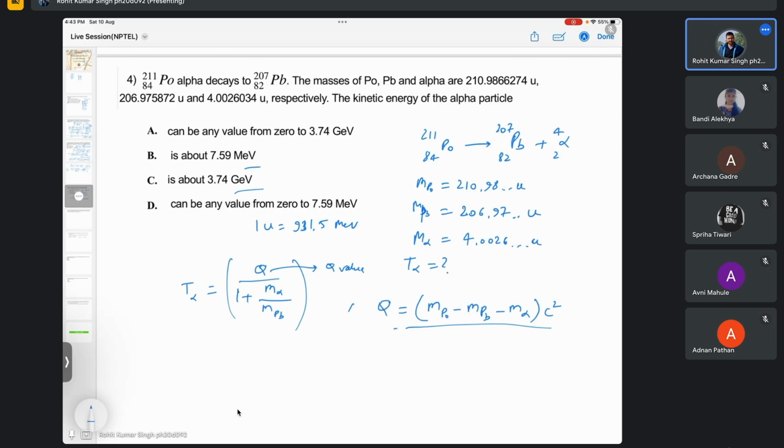The masses are given here, but to fit into this equation you have to convert them into MeV. So you just multiply all three by 931.5, and you get a value in MeV.